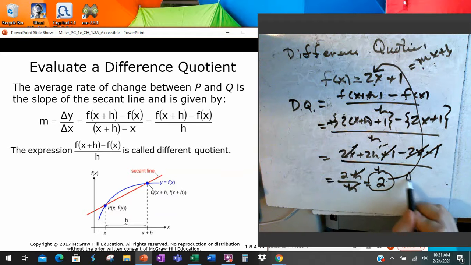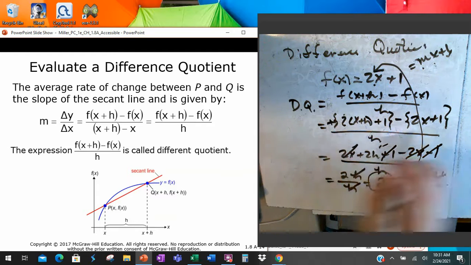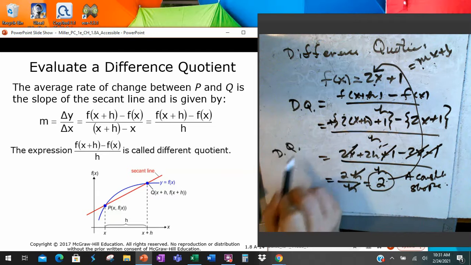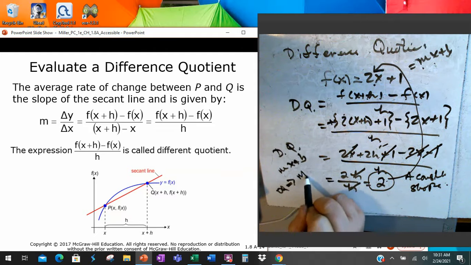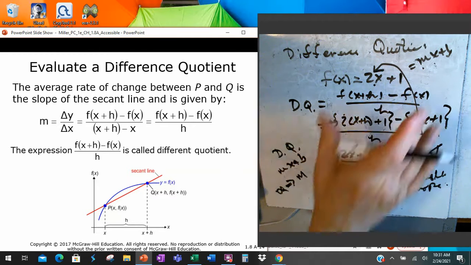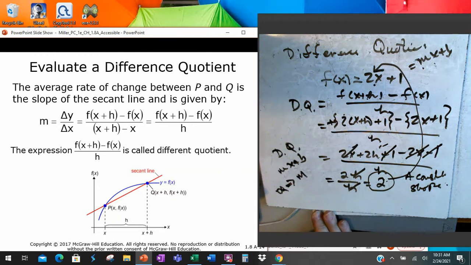Okay, a constant slope. Anytime you do the difference quotient for mx plus b, you're going to get DQ is equal to m. This very same process. Not very enlightening there, I agree.